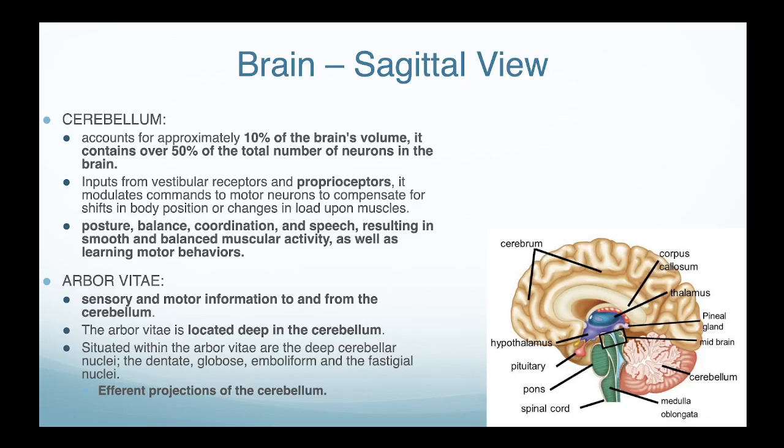All right. Another thing that I want you guys to know about is in the cerebellum, there's an anatomical feature called the arbor vitae. The arbor vitae literally translates to the tree of life, and that's because you have these interesting little branches that look like tree limbs within the cerebellum. We're going to see that when we cut the sheep brain sagittally. The cerebellum is primarily responsible for balance, coordination, speech, but let's think posture.